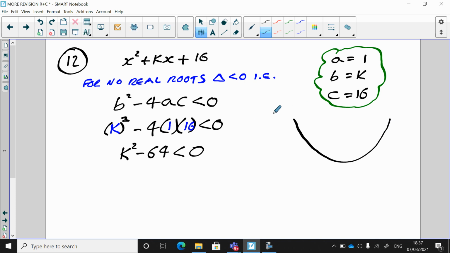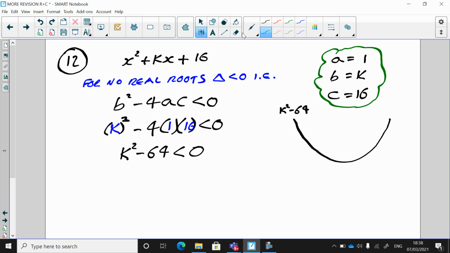Right, okay, so that's k squared take away 64. You can call it y equals or whatever equals. That's k. I noticed that it goes way up because k squared is positive. Right, so where's k less than 0?